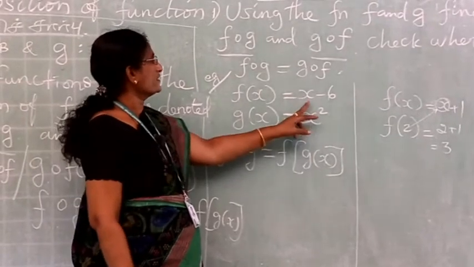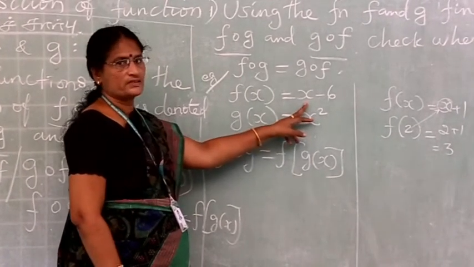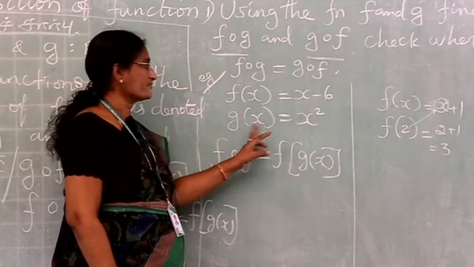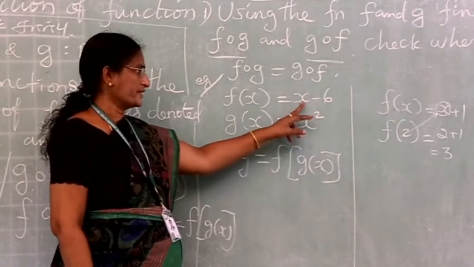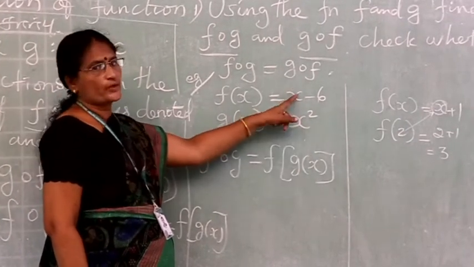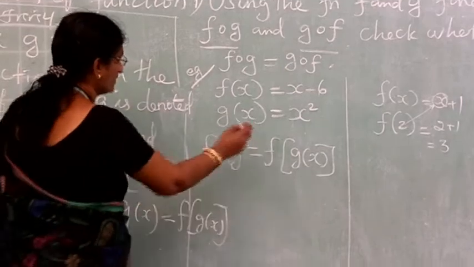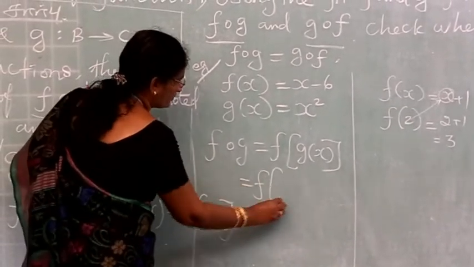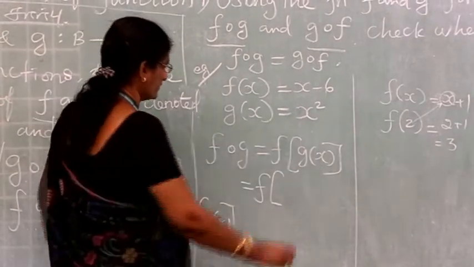Instead of x in f of x, we are going to substitute the value of g of x. Here x is there now, we are going to substitute this x square here. So what is g of x? x square.